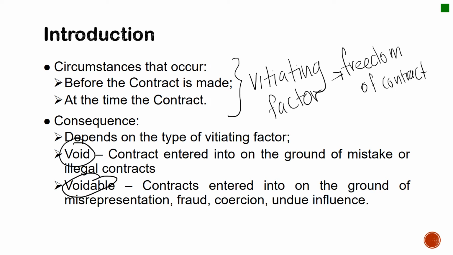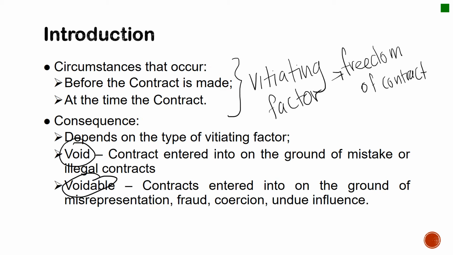So the difference between void and voidable is that void means the contract entered into on the ground of mistake or illegal contracts, and voidable usually applies to contracts entered into on the ground of misrepresentation, fraud, coercion, and undue influence.